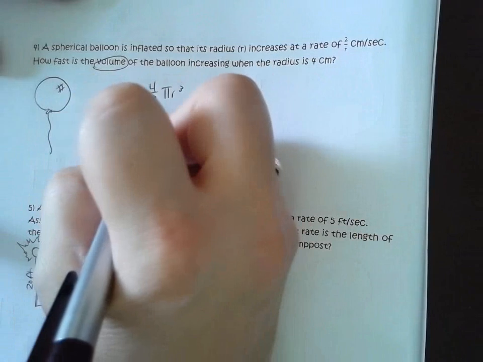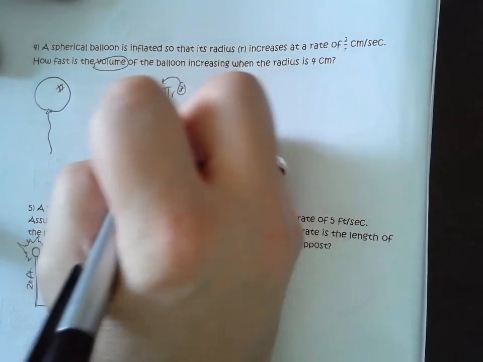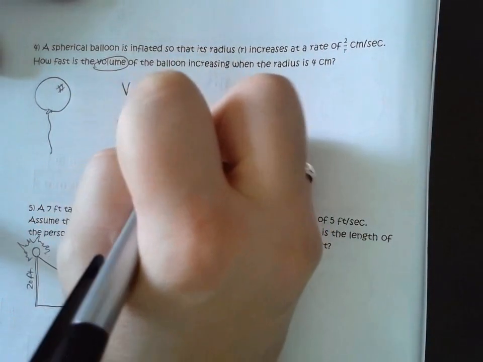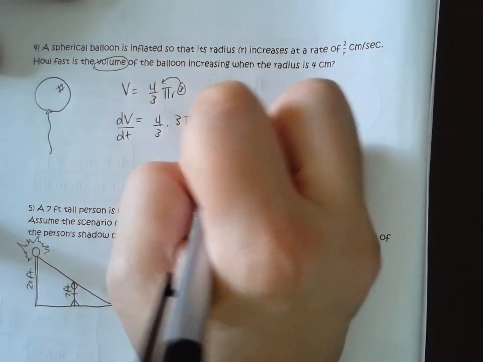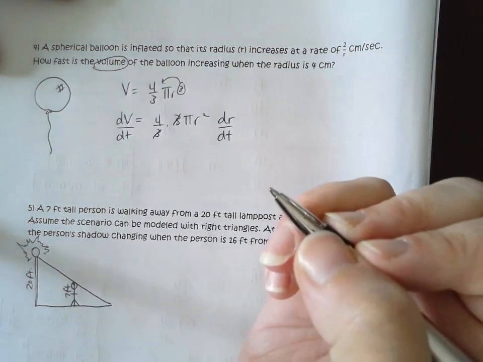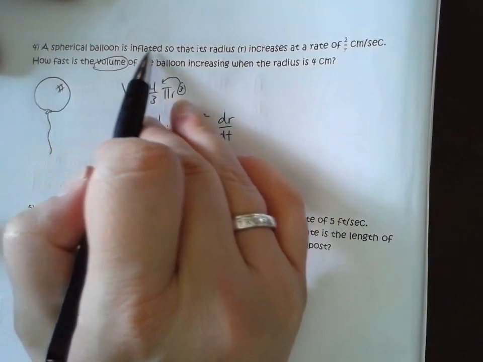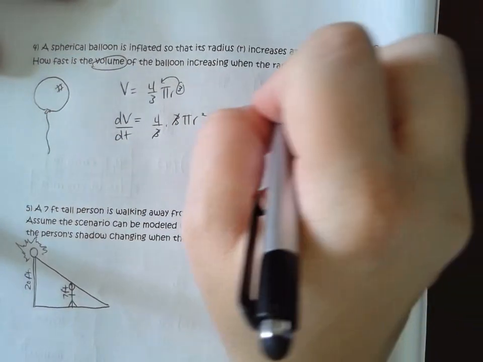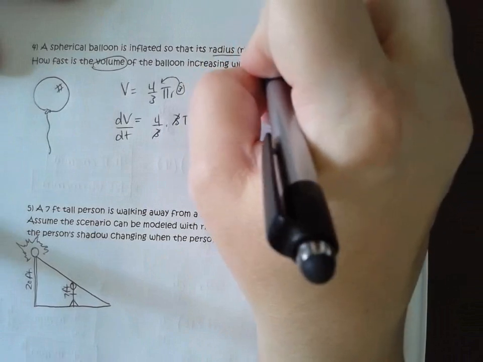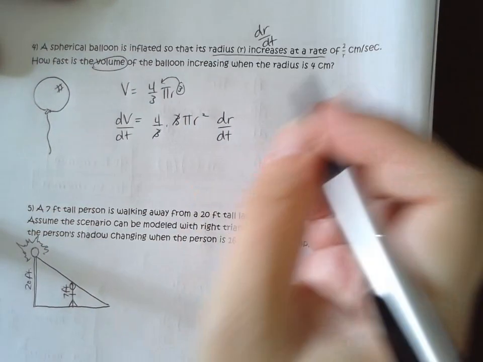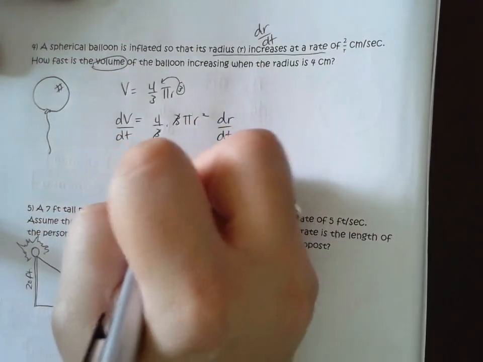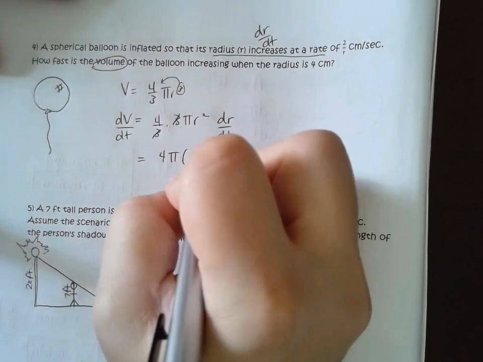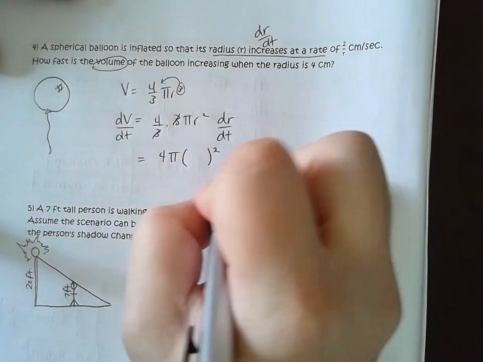There's only one variable here, so I bring the 3 down. 4/3 times 3 pi r squared dr/dt. 3's cancel. A spherical balloon is inflated so that the radius increases at a rate. Radius rate, that's your dr/dt, is 2 over r. It's kind of a vague answer. I don't like when it's a variable, but we can figure this out regardless.